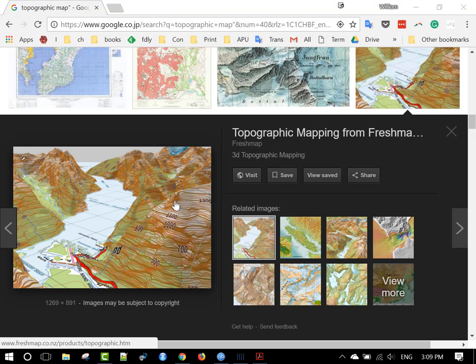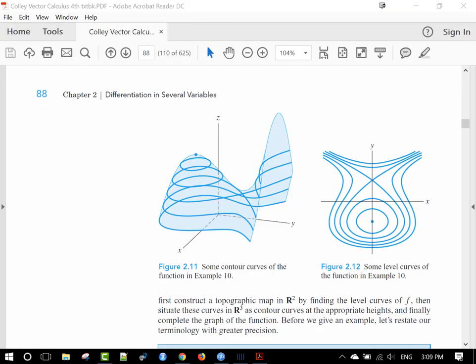So those are called the contour curves. So we're going to distinguish between those two kinds of views. So these are called the contour curves, and these are called the level curves. So the level curves are in 2D, right? These curves are in 2D.